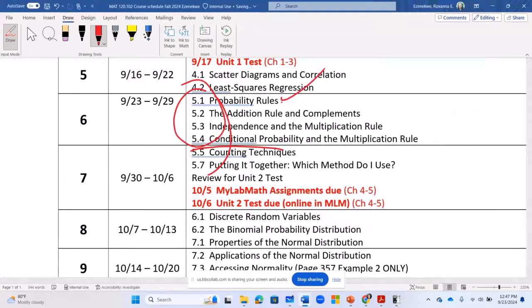The probability rule is between 0 and 1, and if I'm given a table, I should be able to say if the table is a probability distribution or not. If none of the probabilities is negative, and if the sum of all the probabilities is 1, then it is. So hopefully we know 5.1, the first one.